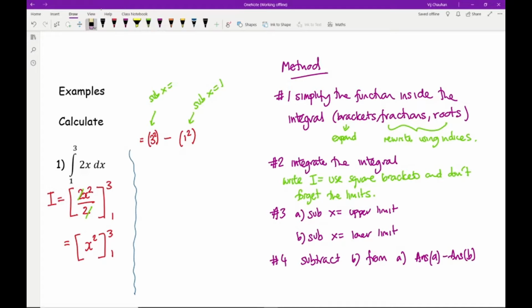Let me just make that 3 a little bit neater. Then all I need to do is simplify, and then step 5 is calculate. So it's going to be 9 take away 1, so the final answer is going to be 8.